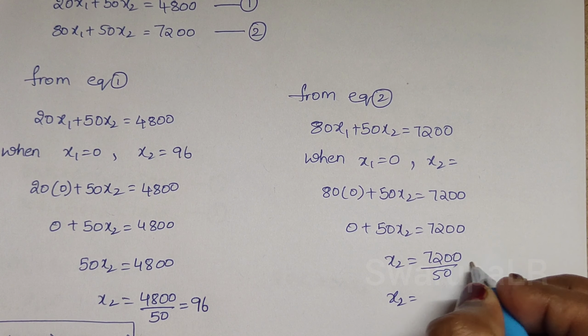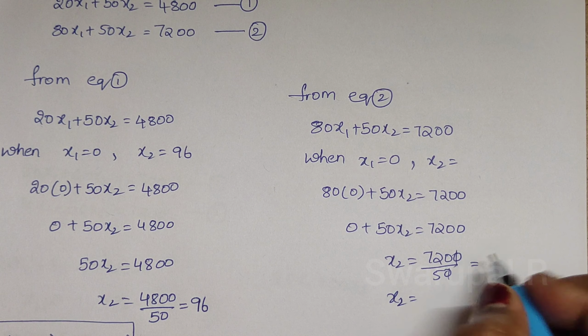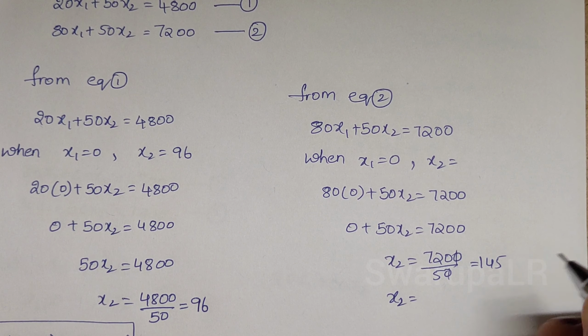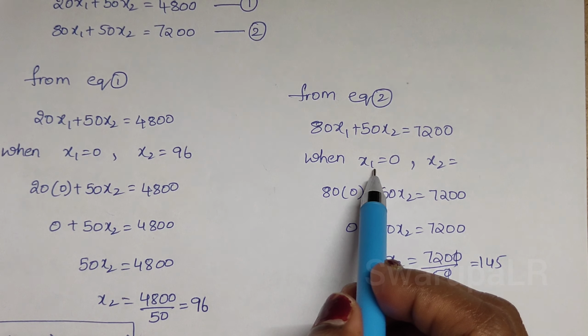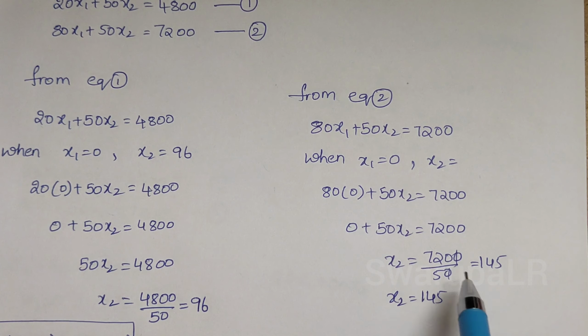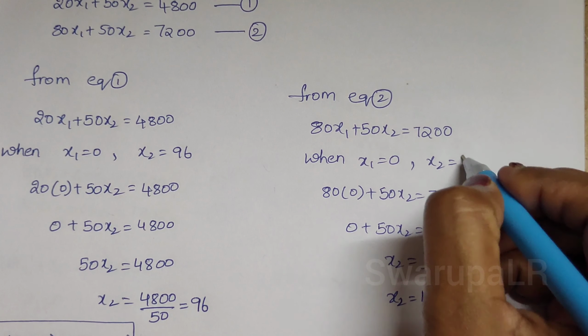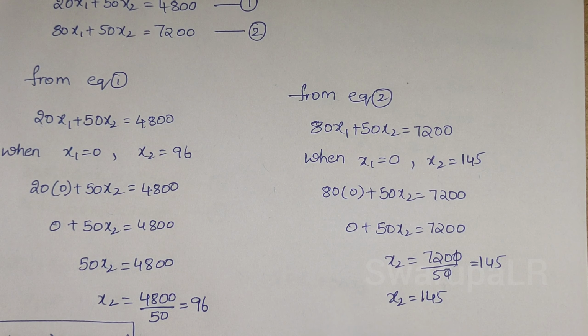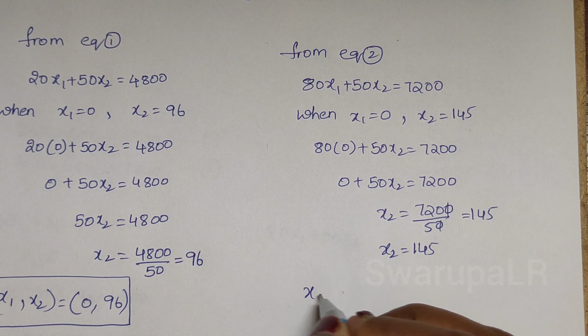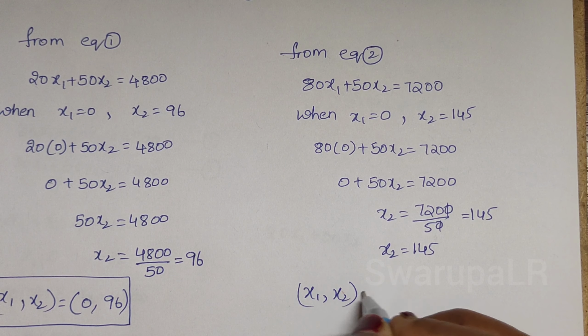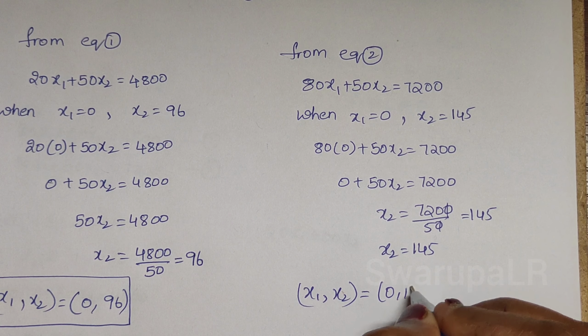So x2 is equal to 145. By assuming x1 is equal to 0, we got x2 value as 145. So x1, x2 points are 0, 145.